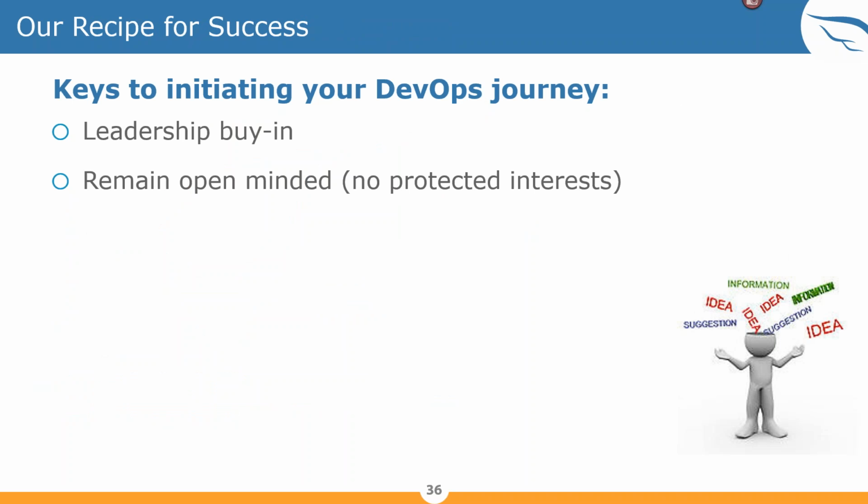The other one is to remain open-minded, and this goes back to some of the examples we gave earlier, whether it's developers or testers or the operations team, with no real protected interest. If we go back to the example I mentioned of the person who takes that run book and comes in and manually does those steps, try to get them to remain open-minded and say, okay, instead of you doing those actual steps, we're going to invest in you and train you on UrbanCode or on how to work with Docker.